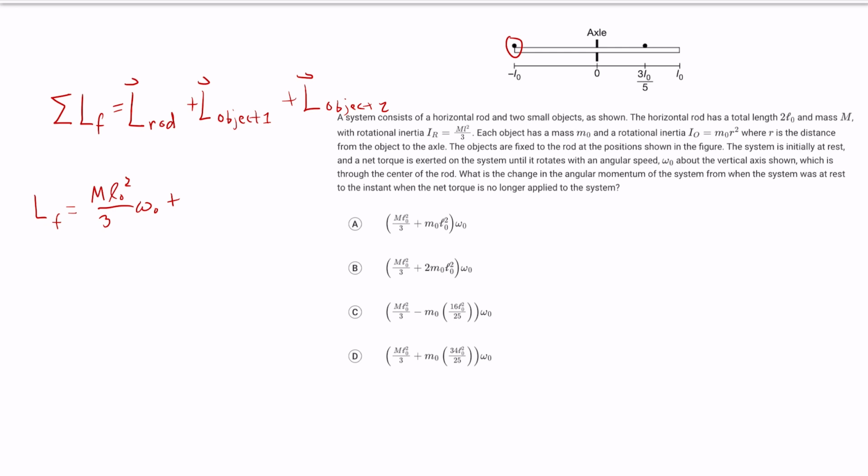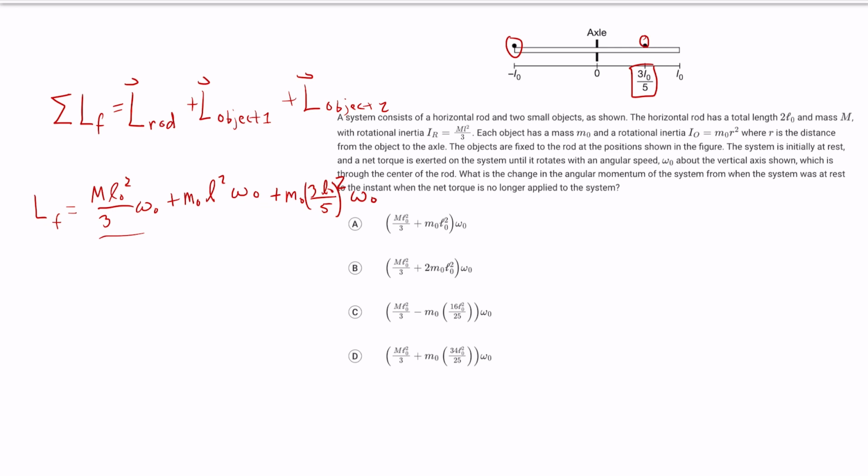So we'll go ahead and say plus m naught L squared, that's the moment of inertia, times omega naught. And then we're going to have plus one more thing. That's going to be this dot, which is of radius 3L over 5 away from the axis of rotation. So then I'm going to say m naught, and then in parentheses 3L naught over 5, sorry if I write into the words here, all of this squared times omega naught.